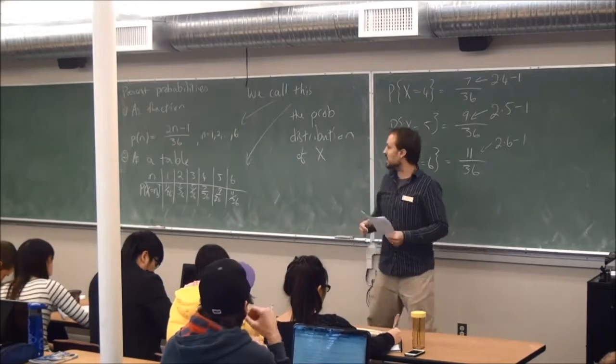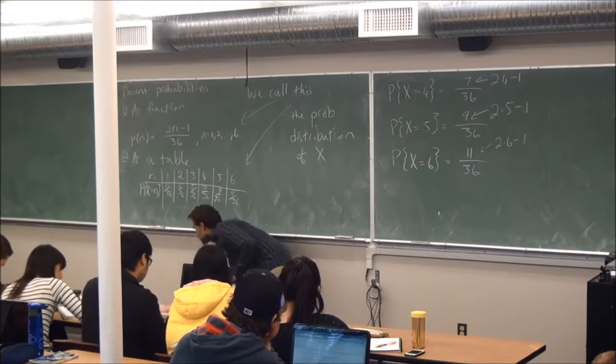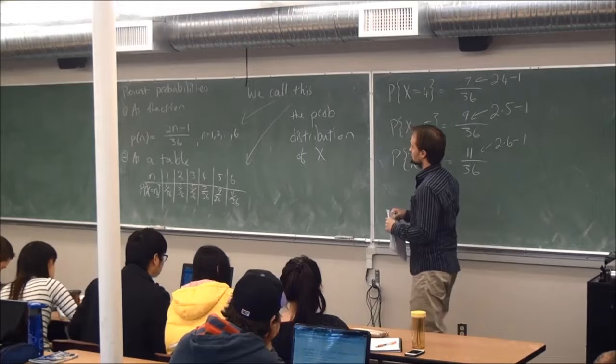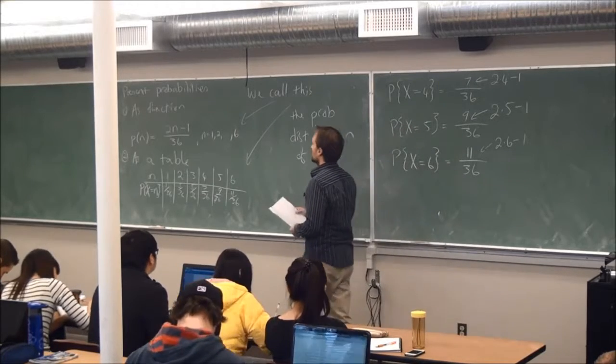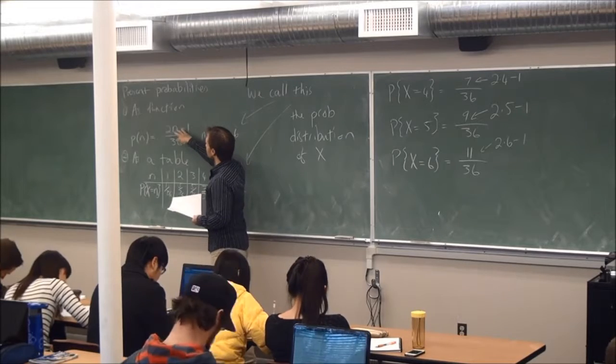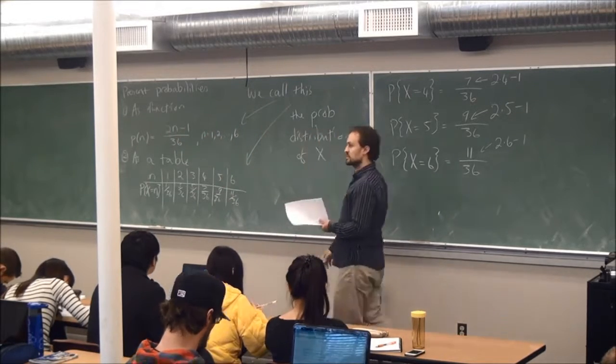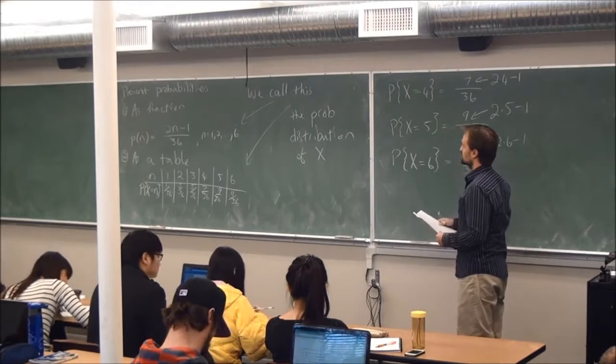Any questions on how to represent these things and so on? Again, I'm not expecting you for this course to be able to write down the single function, the formula. The table format is more than sufficient for what we want to do.